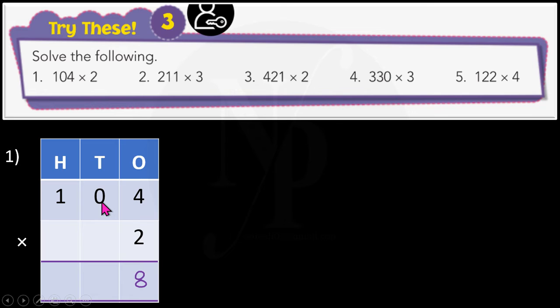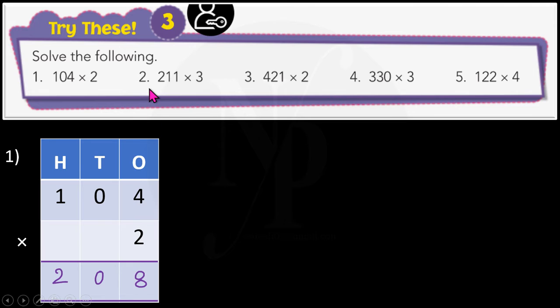And here we have 0, and we know that 0 multiplied by any number gives us 0. Therefore, the digit at tens place will be 0. 2 into 0 is 0. And in the third step, we multiply the digit at hundreds place, that is 1 by 2. So 2 ones are 2. We write 2 in hundreds place. 208 is the product of 104 and 2.